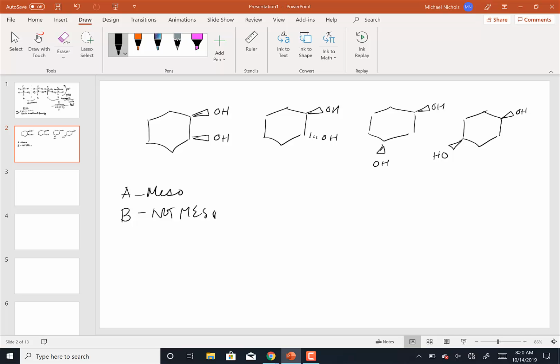So I'll give you a few minutes. Meso, not meso. What? Do I have an extra card? I probably don't. So you can share with somebody else and find your answers.